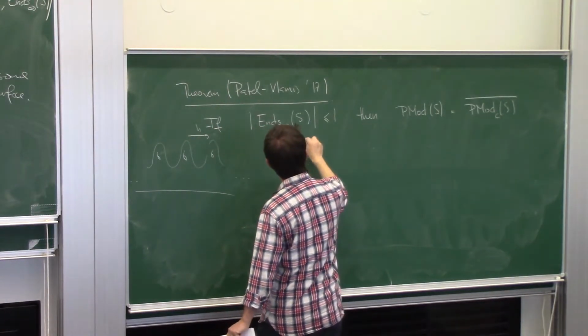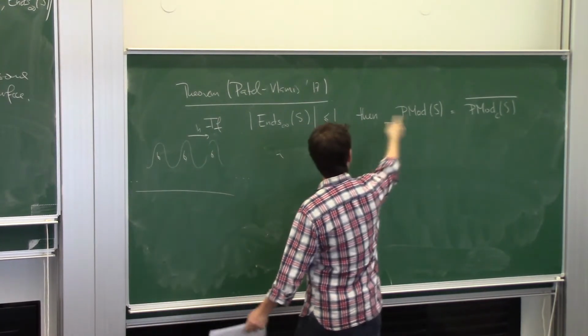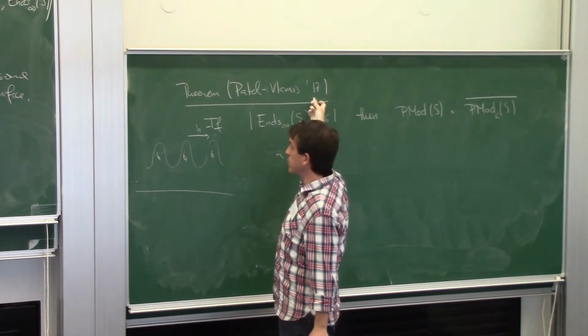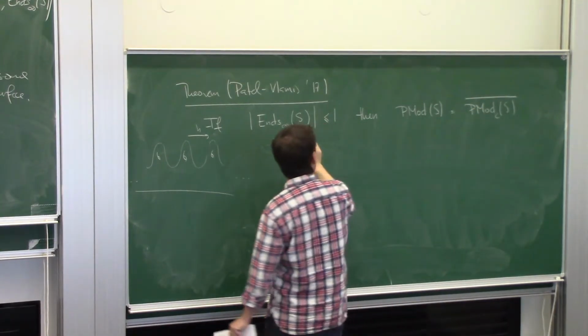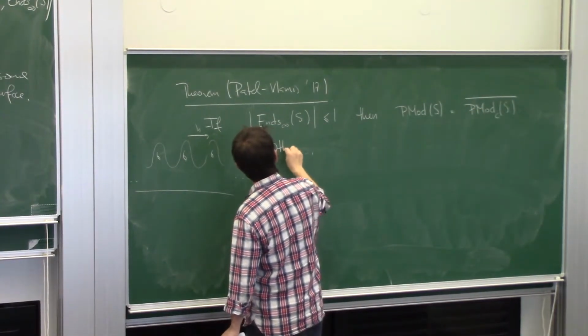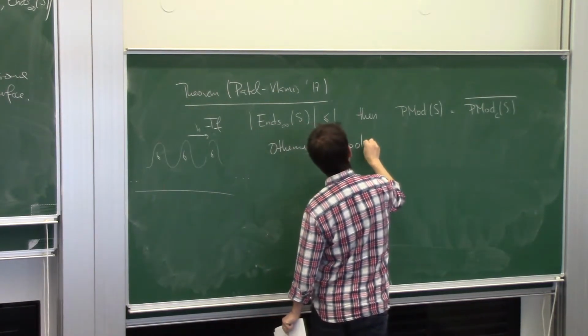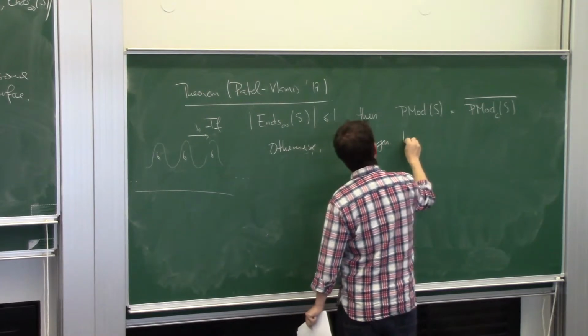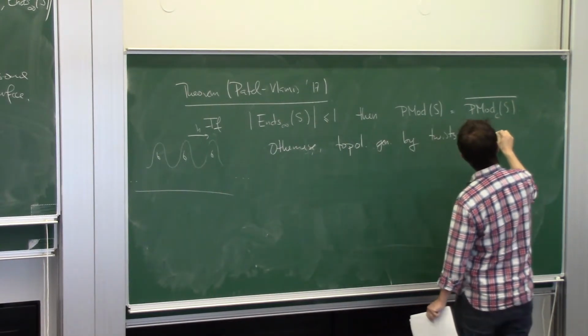So otherwise, the pure mapping class group is topologically generated by twists plus handle shifts.